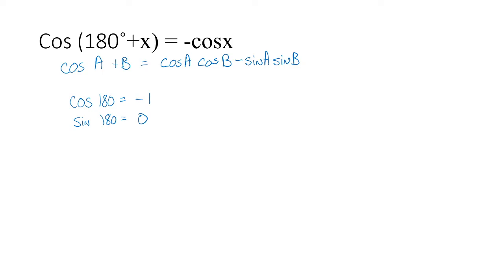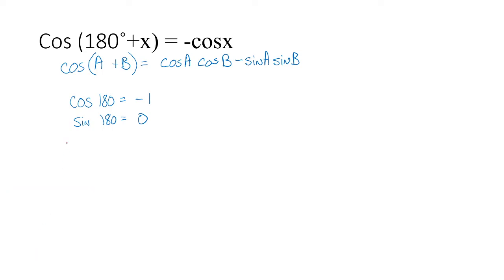The sine of 180 is equal to 0, and the cosine of 180 is equal to negative 1. You're saying, Mr. Wilson, how did you know that? Do you want to know how I knew that? What I did was I looked on the trig chart that I said to have in front of you. That's what's really going to help. So anytime we see A, we're going to substitute that with 180.